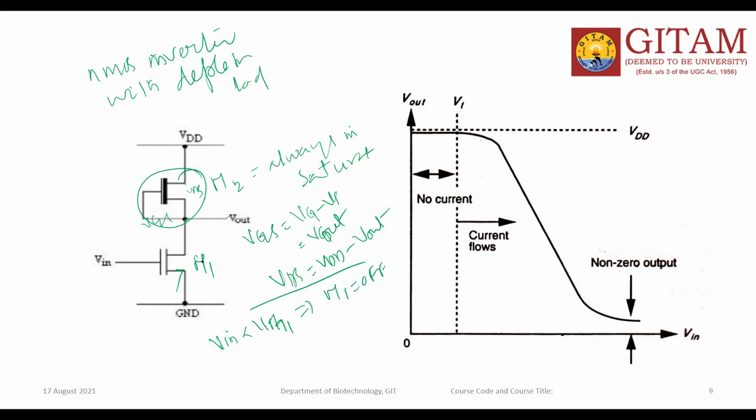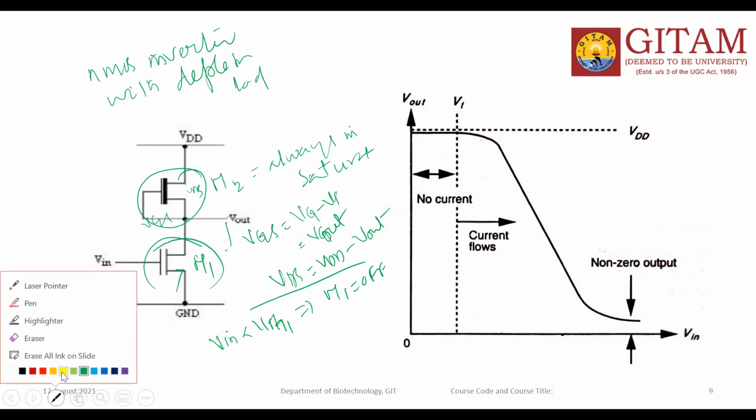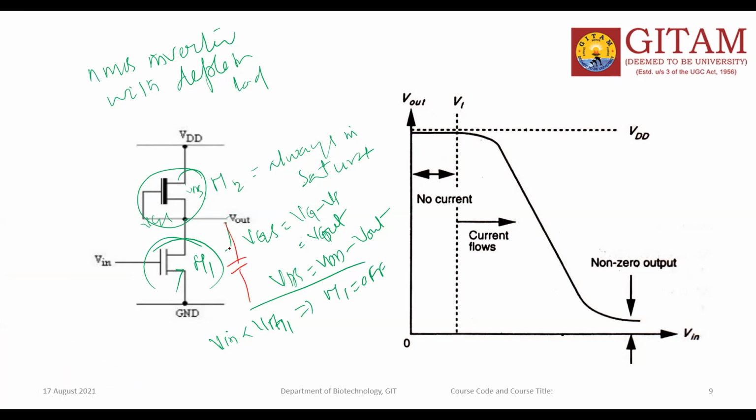Then current flows into the capacitor, so the capacitor charges, and you get V out exactly equal to VDD because of the saturation.